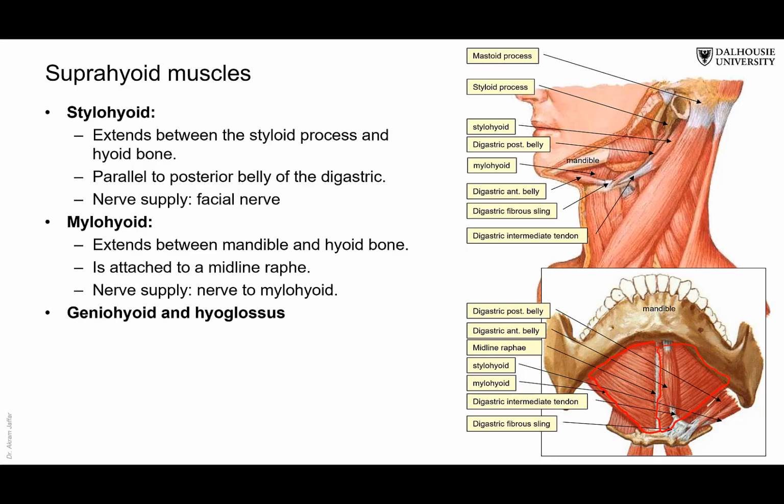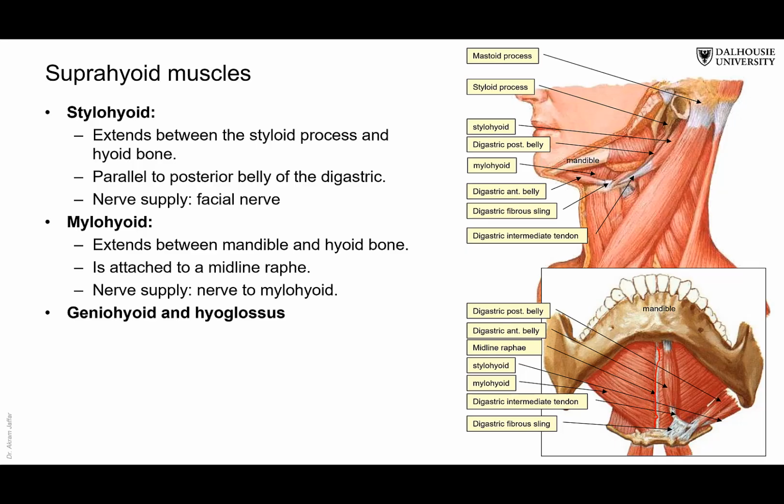So they form something like a diaphragm, remember, like the pelvic diaphragm. They meet in a midline raphe, which is fibrous tissue. You can see here the fibrous tissue, the white line in the middle, where the two muscles meet in the midline. And actually, they form a border between the mouth above and the neck below.